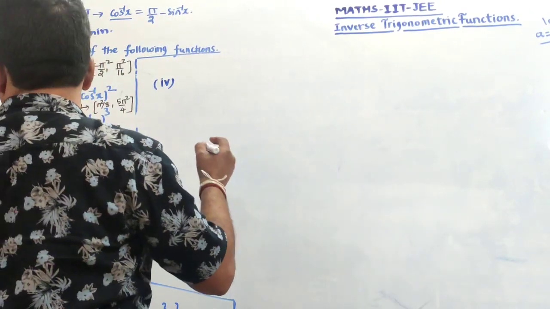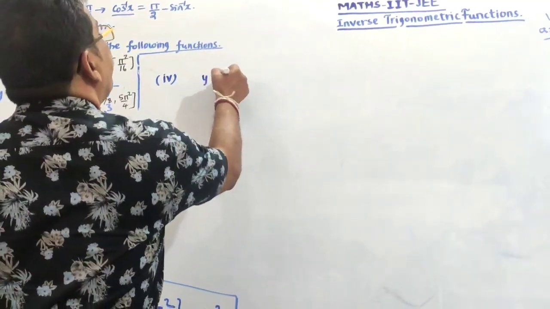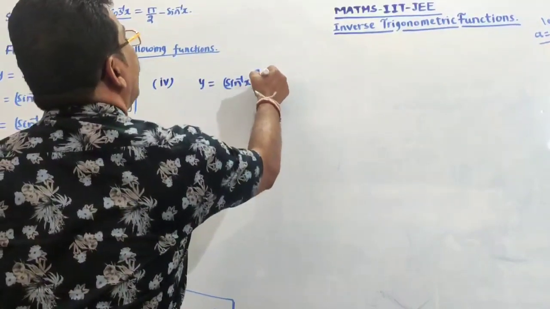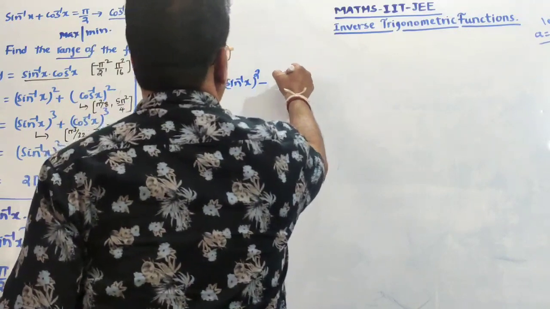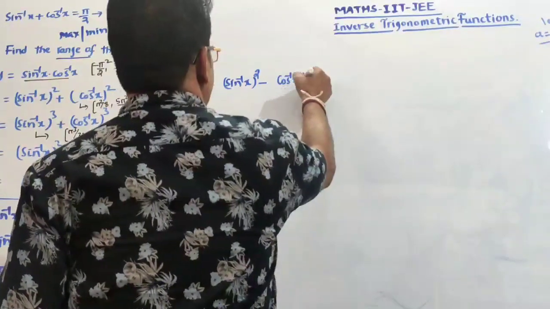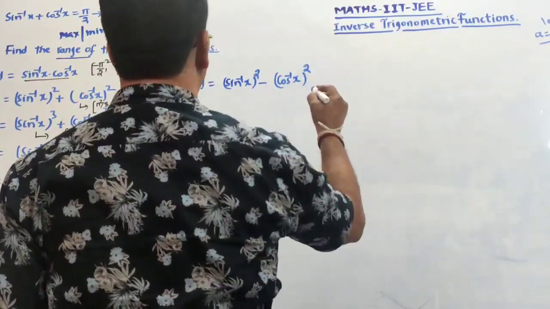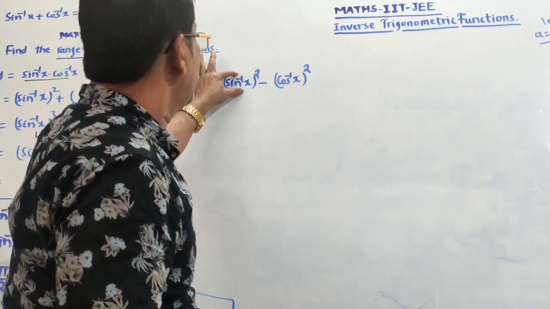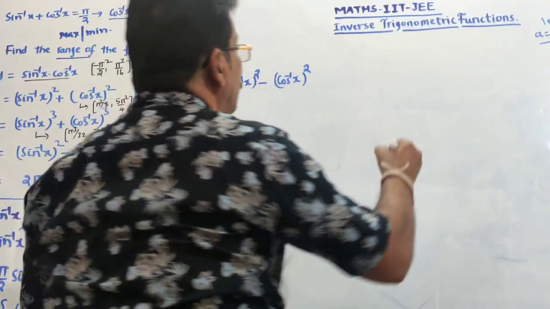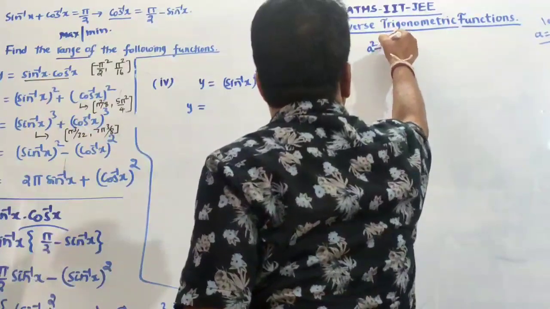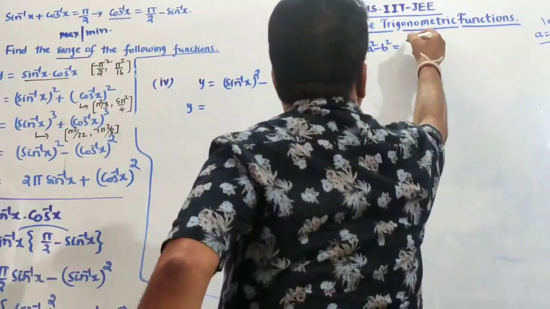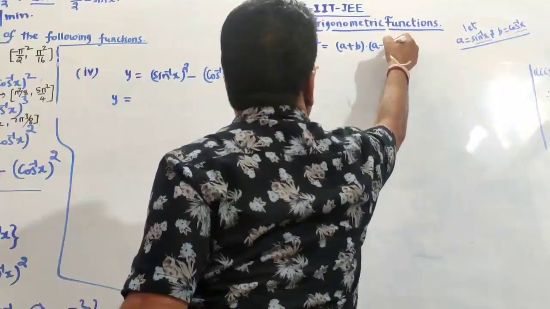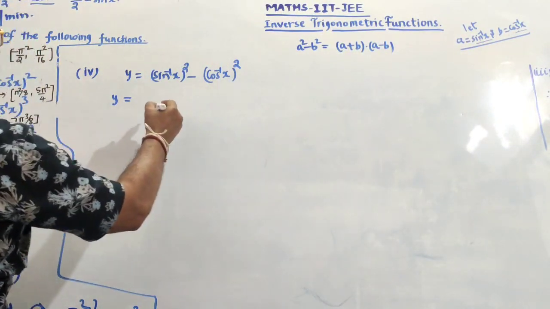Next, fourth question: y equal to sin inverse x whole square minus cos inverse x whole square. So actually it is in the form of a square minus b square. So what will be the formula? A square minus b square is equal to a plus b into a minus b.